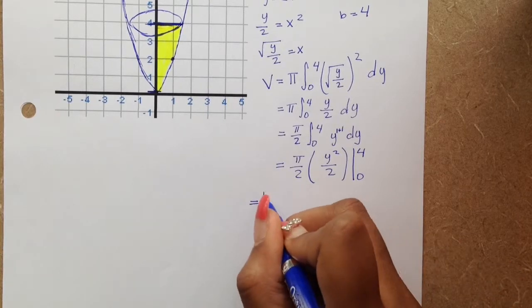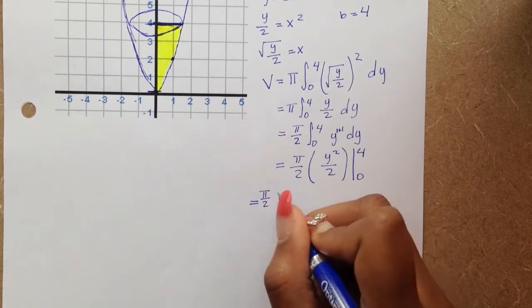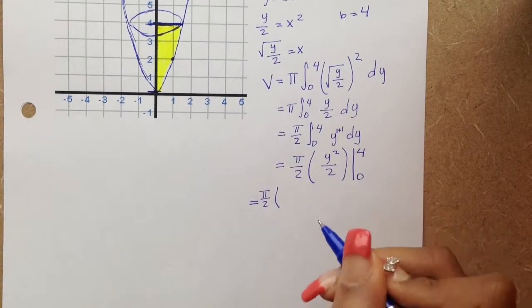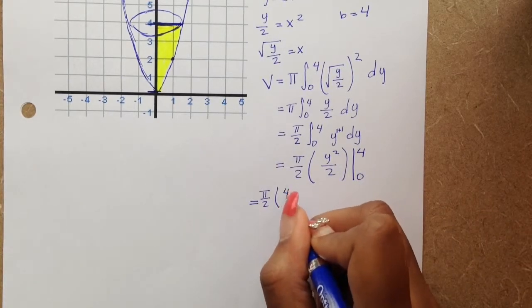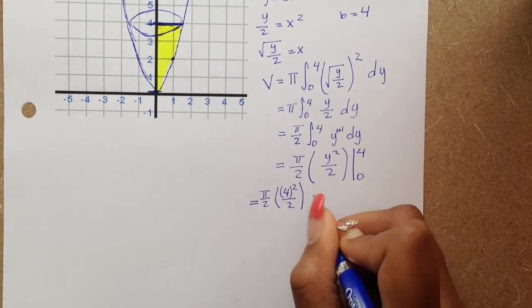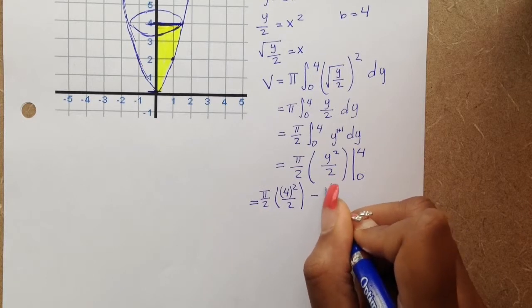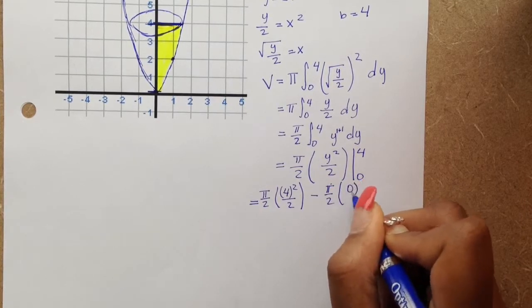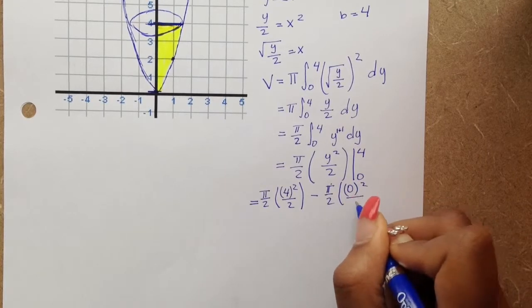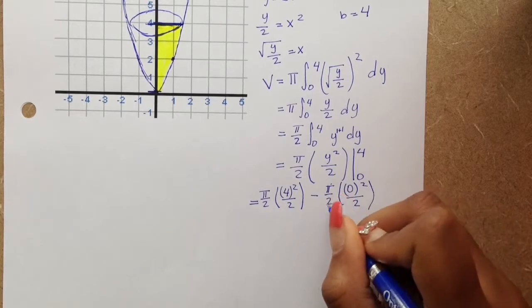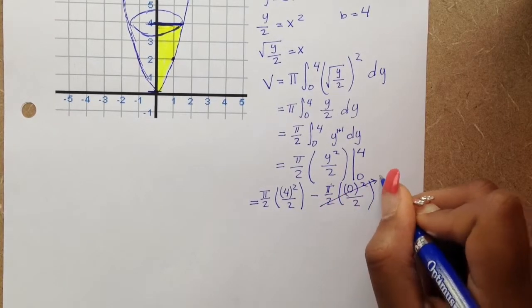And this will equal pi over 2, and we're going to plug in 4, and we're going to subtract that and plug in 0. So it'll be 4 squared over 2 minus pi over 2 of 0 squared over 2, and this just becomes 0.